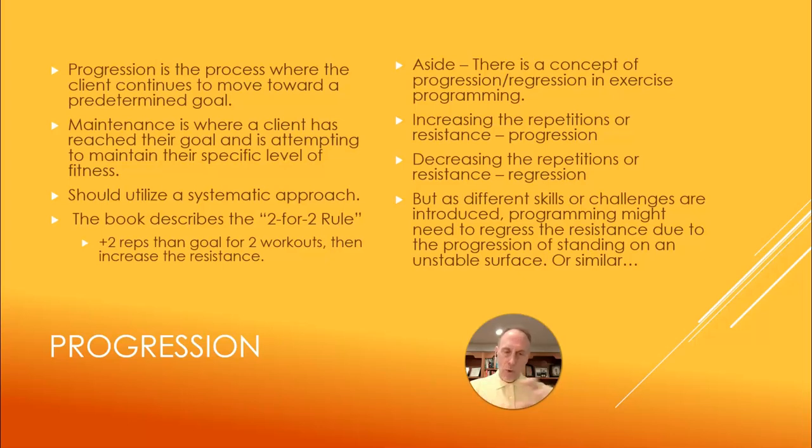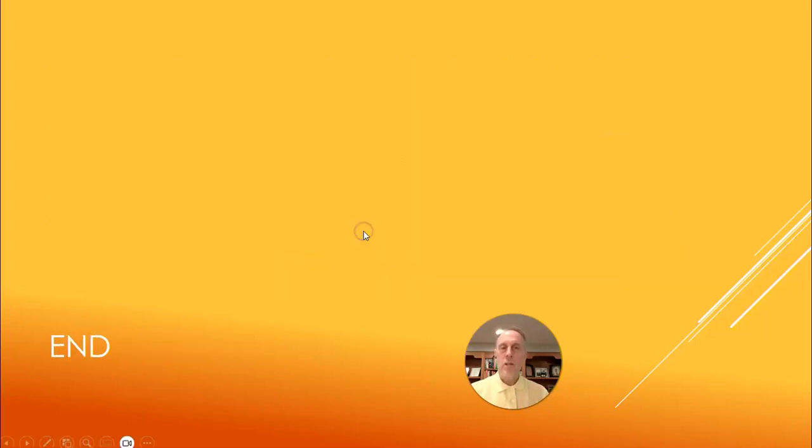What you're doing is progressing in one area, the instability area, but you would probably need to regress the weight or the repetitions because you've introduced the unstable environment. So as I progress in one area, I might need to regress in the other. And it's just an inherent relationship that you have when you start incorporating mixed modalities of training.